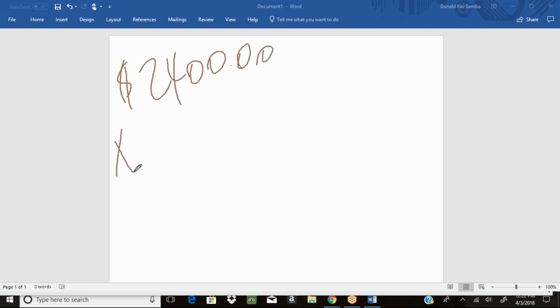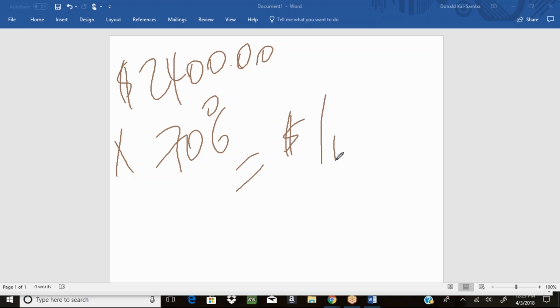Now you take $2,400 and you multiply that by your commission percent. You are at 70% commission. Okay. So now we take $2,400. We're trying to find out how much you made. Now, when you sold this policy, you made $1,680.